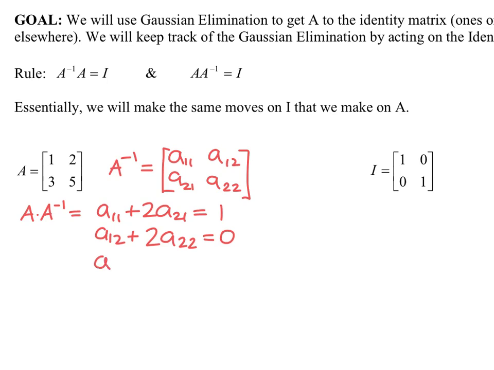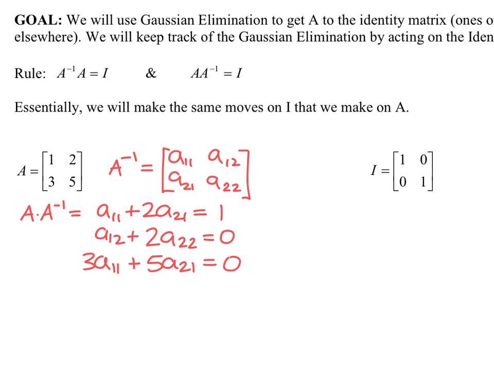Then 3 A sub 1, 1 plus 5 A sub 2, 1 is equal to 0.